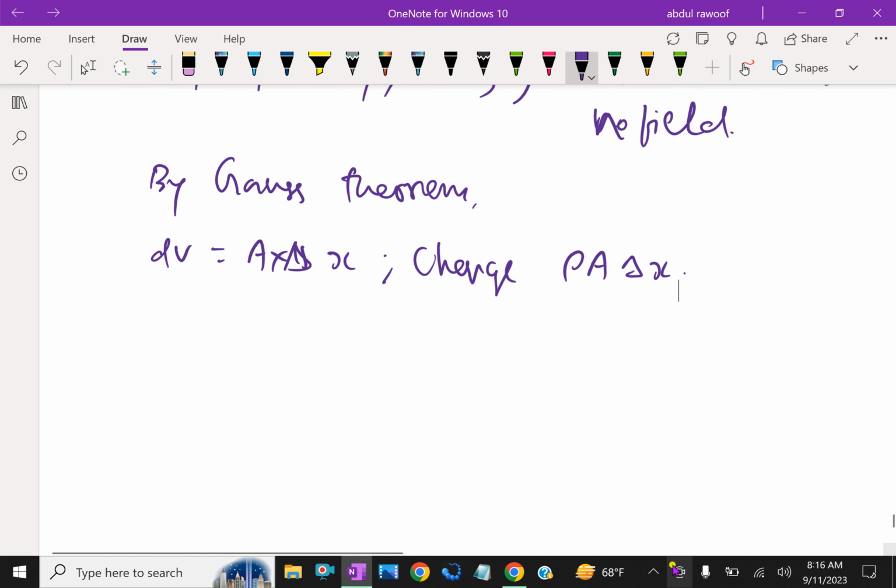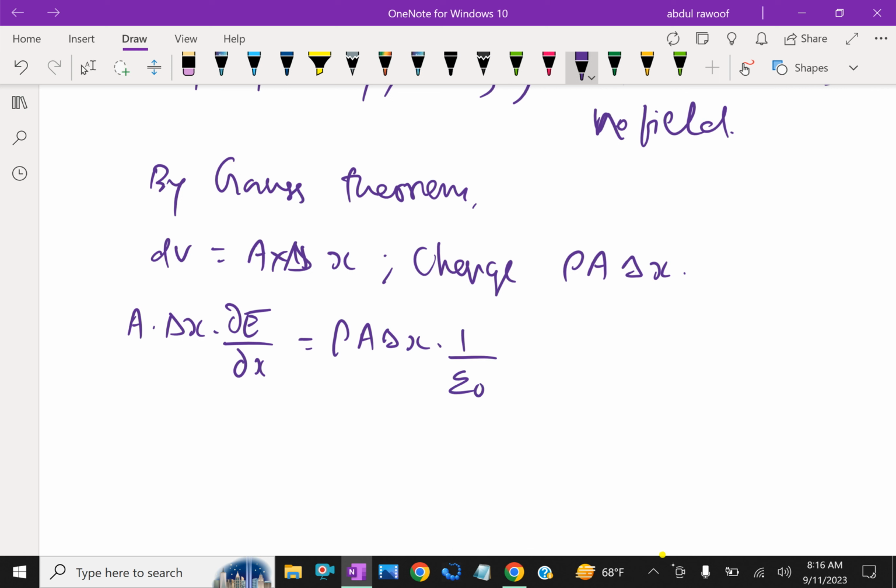Therefore, by Gauss theorem, A delta x into dou E by dou x equals rho A delta x over epsilon 0, or dou E by dou x equals rho by epsilon 0.